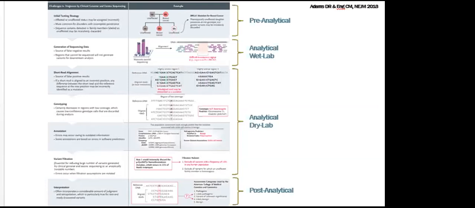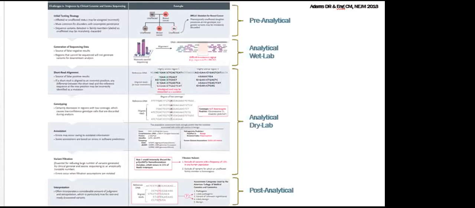And this can happen as a challenge in the pre-analytical phase. At the analytical phase, probably when you have the wet lab, where we do the gene sequencing itself, one of the things that happens is that we have false negative results. That is, a region that cannot be sequenced will not generate the variant for downstream analysis.